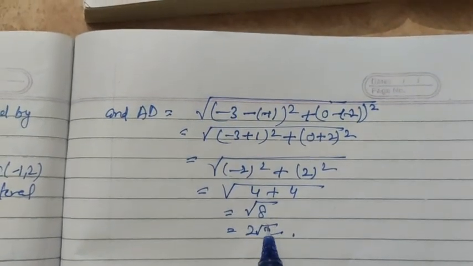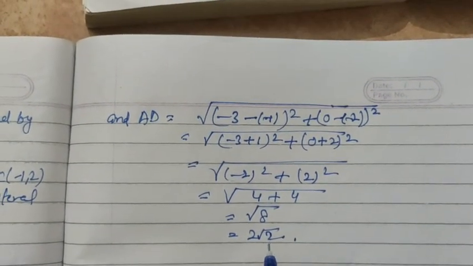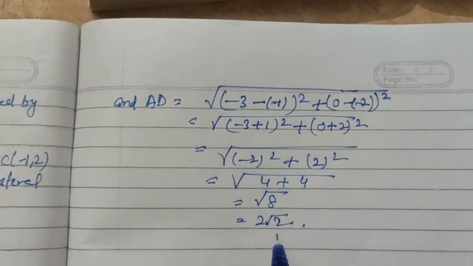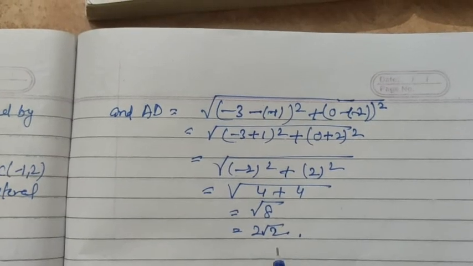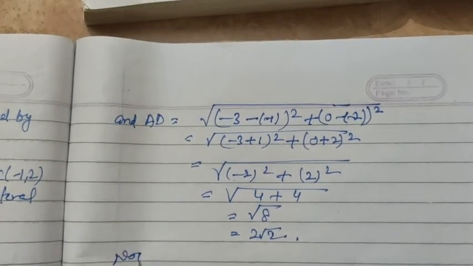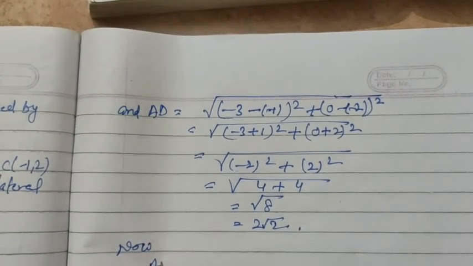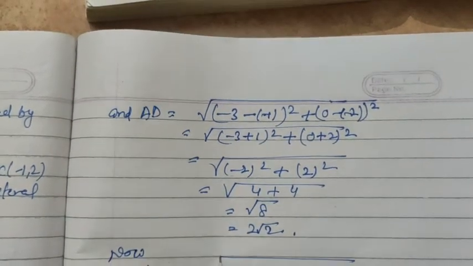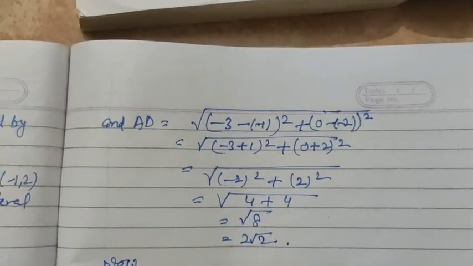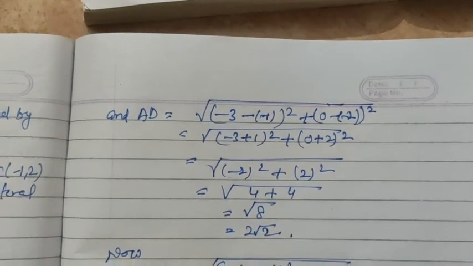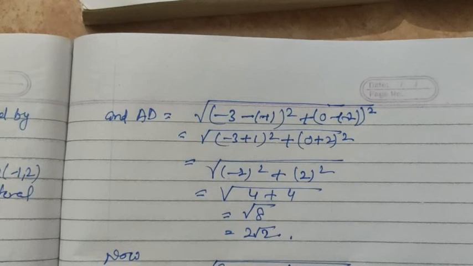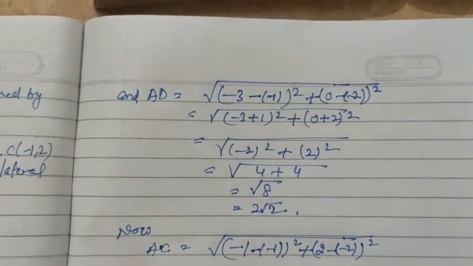So we have all sides equal, that is AB equals BC equals CD equals AD equals 2 root 2. So now we need to find its diagonals also, that is AC and BD. So now the diagonal AC. AC will be minus 1 minus of minus 1 whole square plus 2 minus minus 2 whole square.